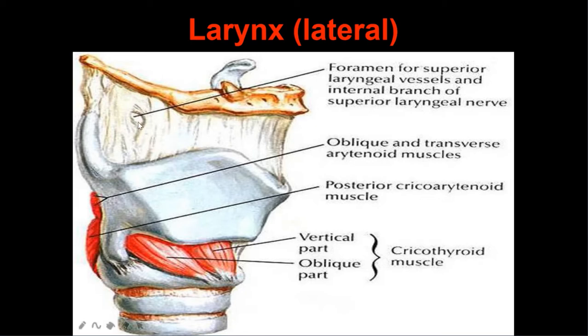There is a foramen here for the laryngeal vessels and the internal branch of the superior laryngeal nerve, within the thyrohyoid membrane. By piercing this membrane, these vessels and nerves enter the larynx. That is the thyrohyoid membrane.